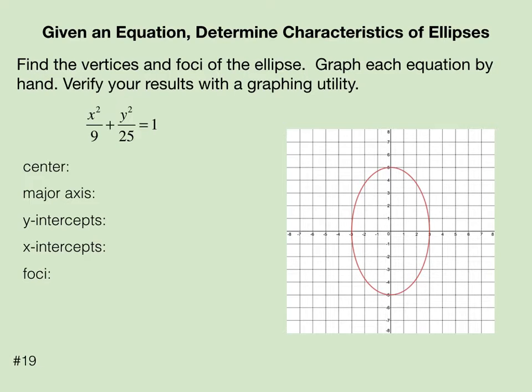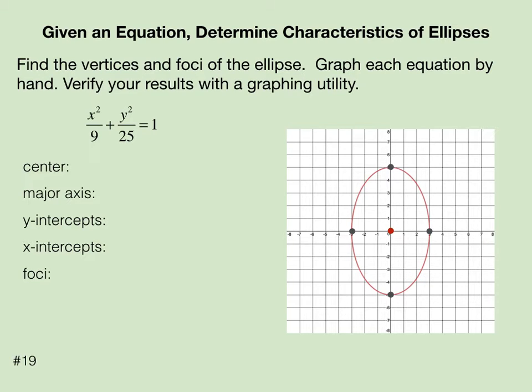The first thing I notice is the center is 0, 0. I notice that my major axis is my y-axis. Those vertices are 5 and -5 for my y-intercepts. My x-axis is my minor axis, and these intercepts are 3 and -3.